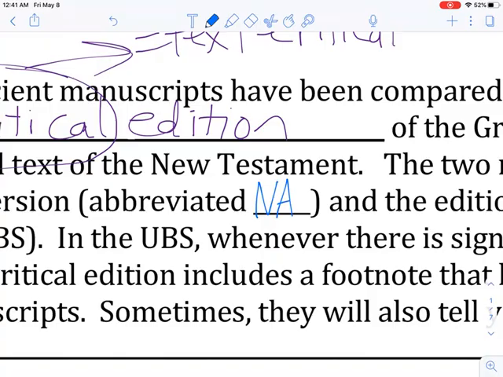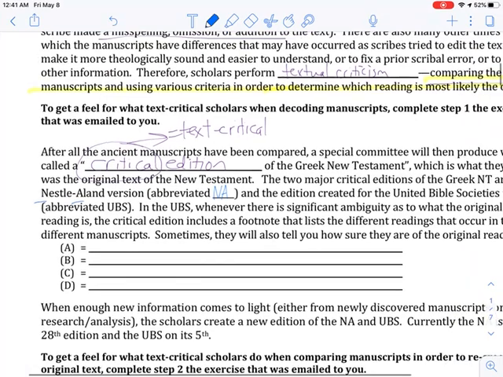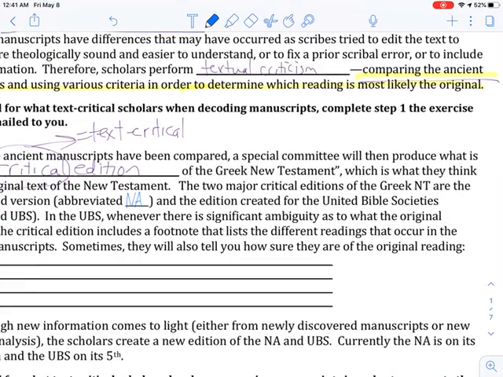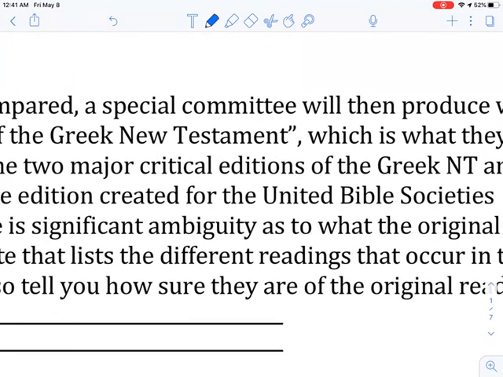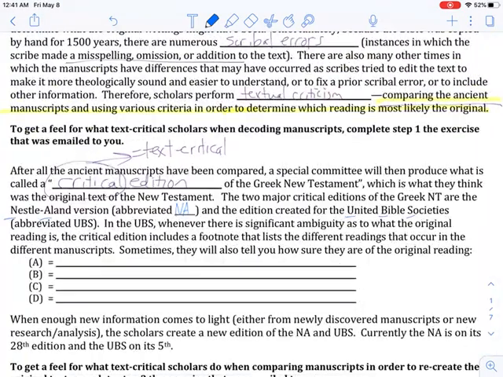So sometimes in a website or a scholarly book, it might mention NA, and that's referring to the Nestle-Aland text-critical edition of the Greek New Testament. The other version, which is more common for Bible translators and pastors, the Nestle-Aland is more scholarly, but very detailed, is called the UBS, the United Bible Societies.